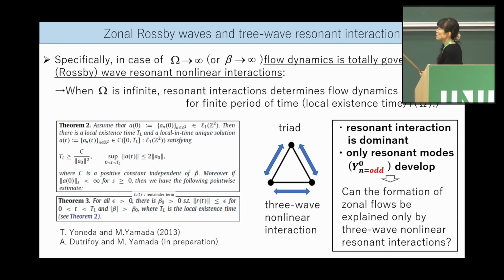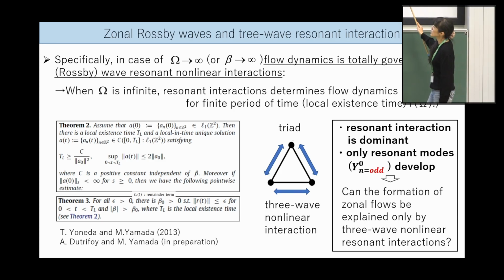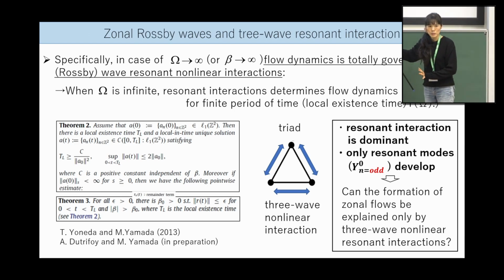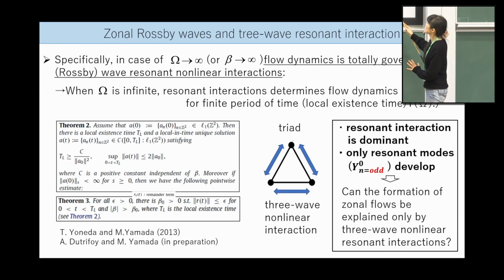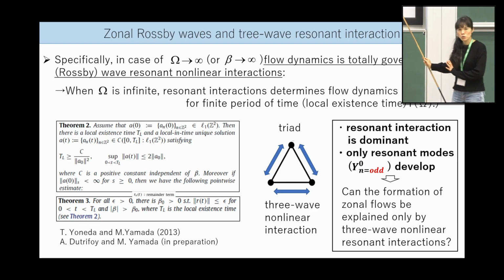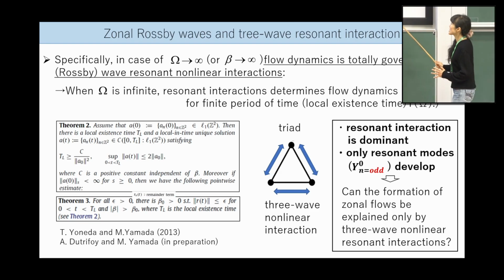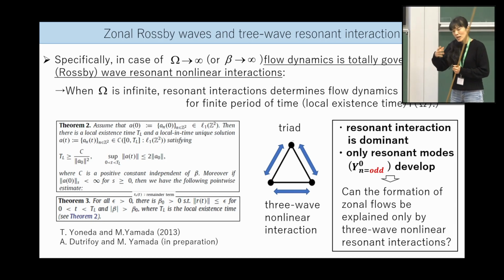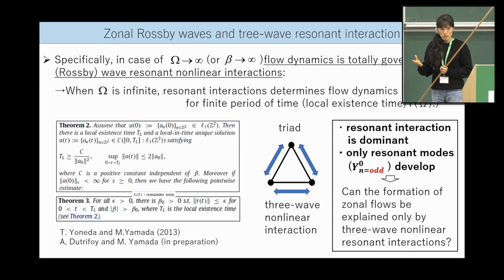And if we recall that resonant interaction is dominant in our numerical simulation, and if we also remember that only resonant modes develop in our numerical simulation, then some of you, including me a few years ago, may think that we might be able to explain the zonal flow formation only by using resonant interaction of three-wave Rossby waves.